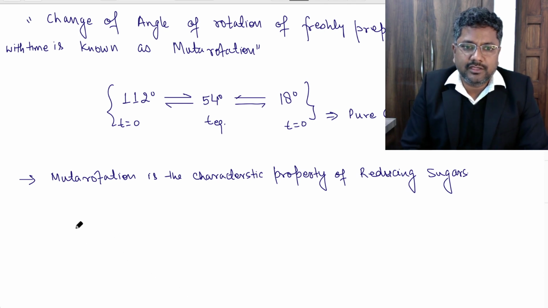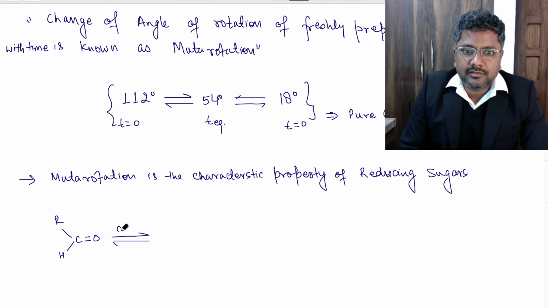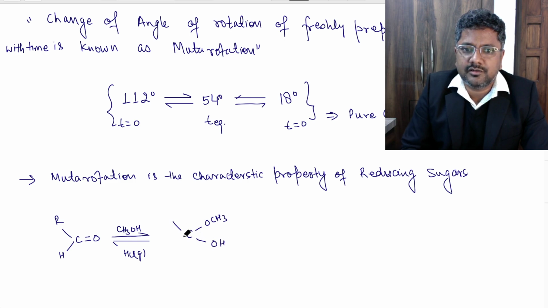So all of you know that if you take an aldehyde, and treat it with CH3OH and HCl gas, here you will get OCH3 and OH on R and H. This is a hemiacetal.